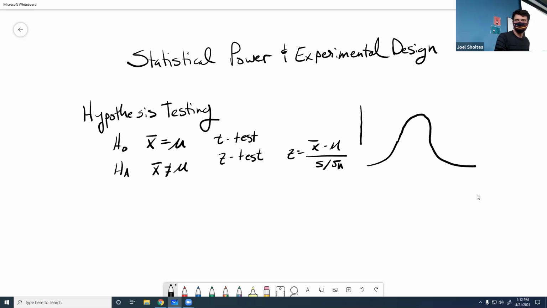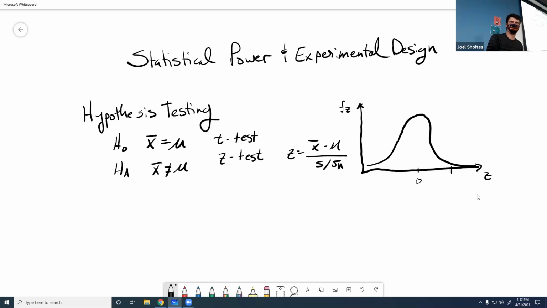So this is my distribution. Distribution of z values, and a z of 0 means that the mean from my sample is the same as the population mean.